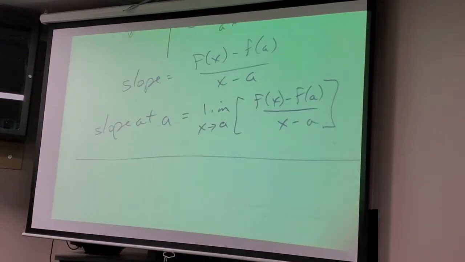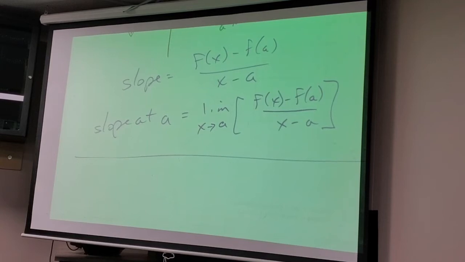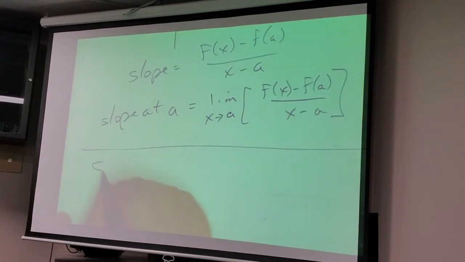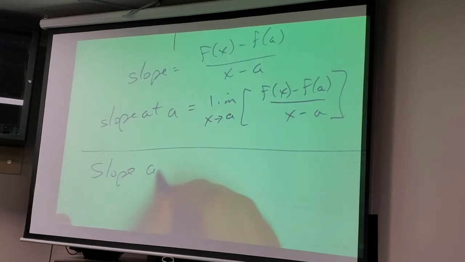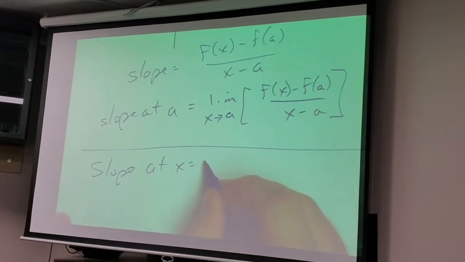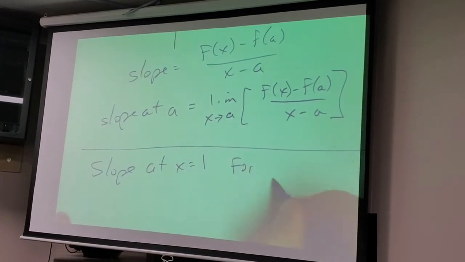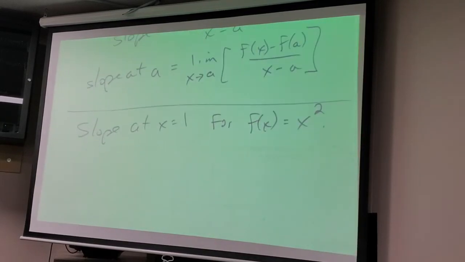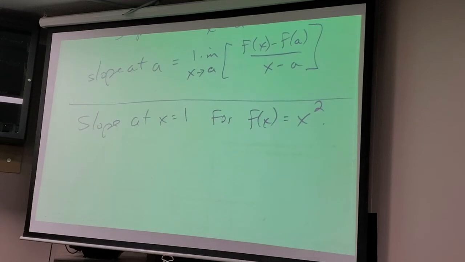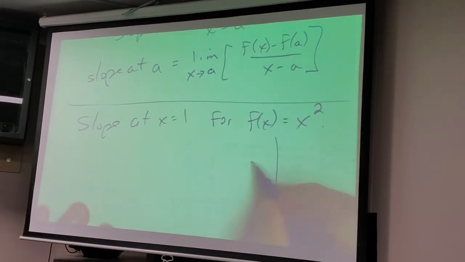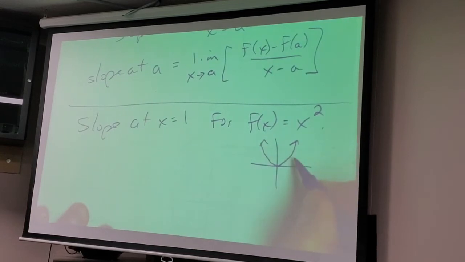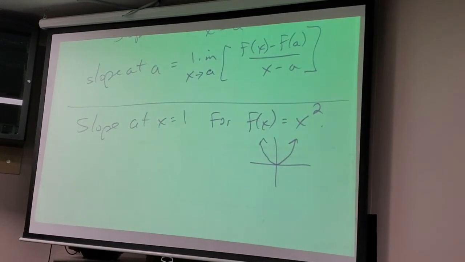So for example, let's do a problem in the little bit of time I have left. Let's figure out the slope at x equal to 1 for f of x equals x squared. It's a very, very classic problem. And just a real quick sketch. The problem didn't say to graph it, but if I'm you, I'm going to graph a lot of problems, even the ones that don't say anything about graphing.